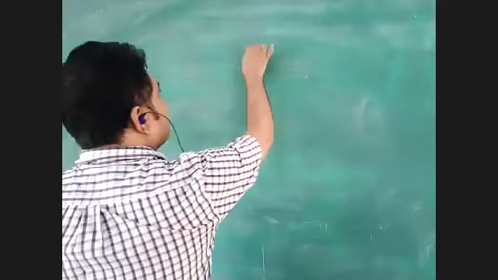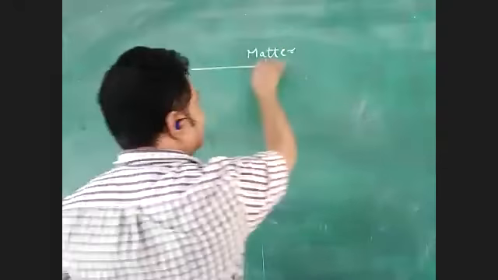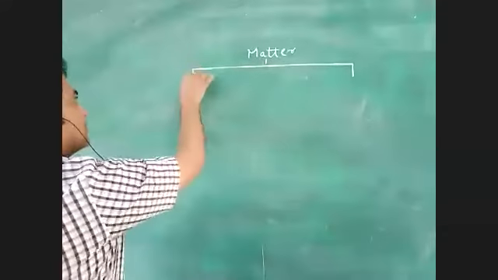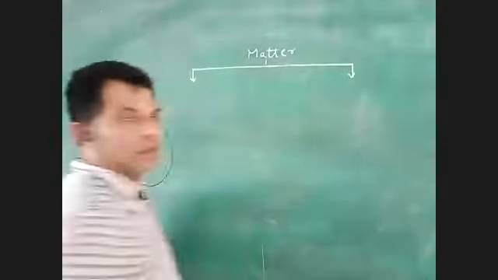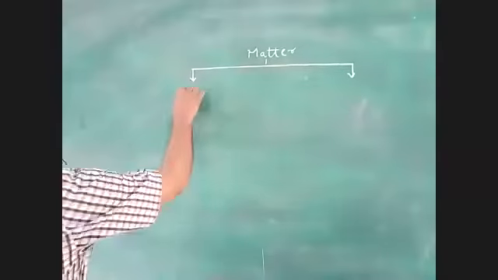So one matter I will write here, and matter can be classified in two ways. First one is its pure form, so pure matter, and the other one is impure matter. So that will be our classification.